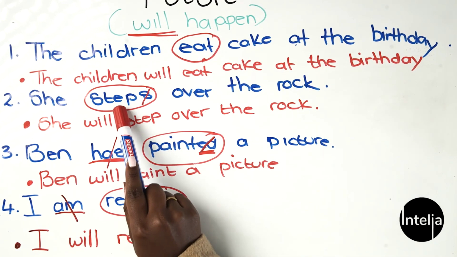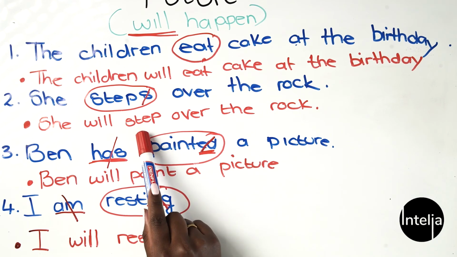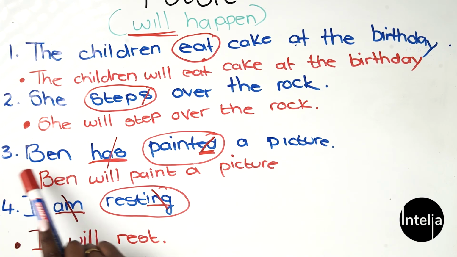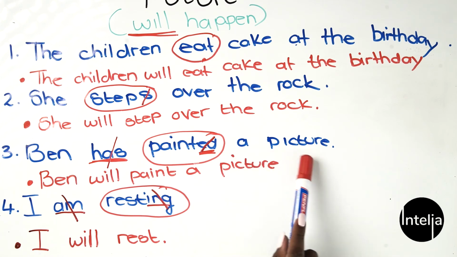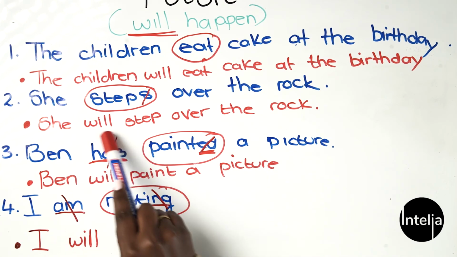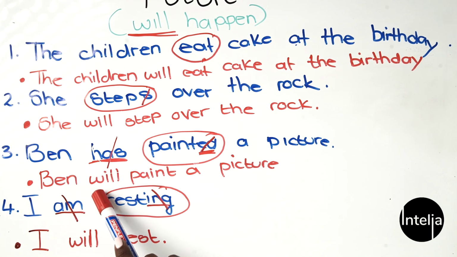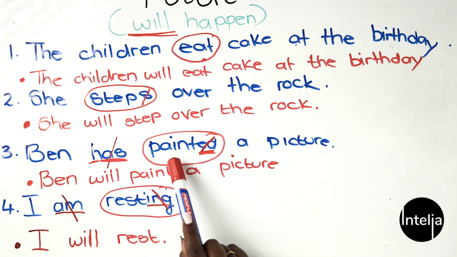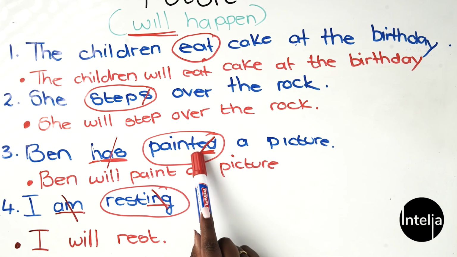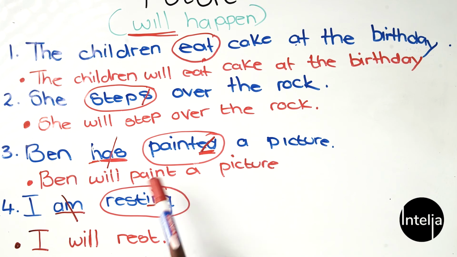So we changed our action verb into a verb. Number 3, Ben has painted a picture. We changed our helping verb from has into will, and we changed our word painted, which was in past tense, into paint, so that we could have future tense. And then in our last sentence, we replaced am with will, and we took out the ing and turned it into rest.